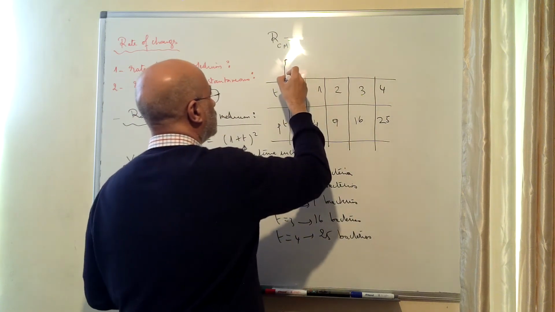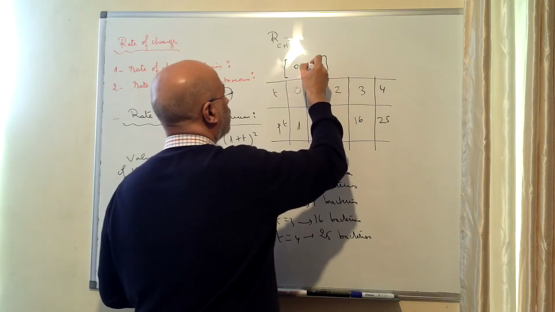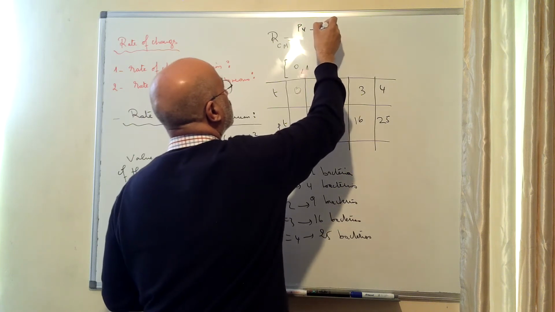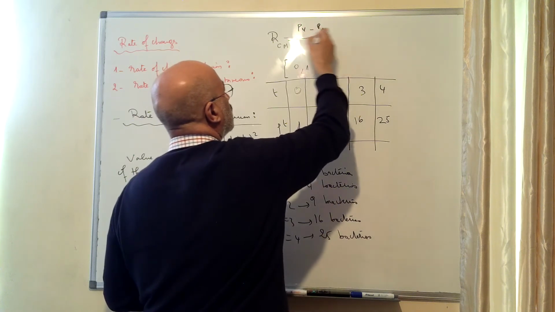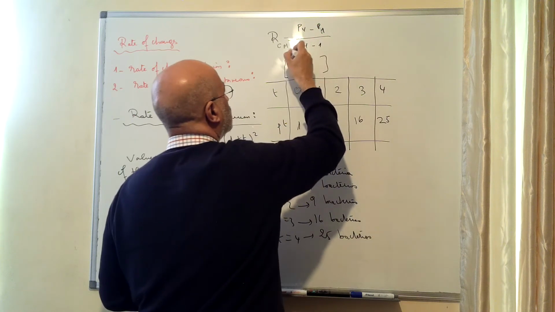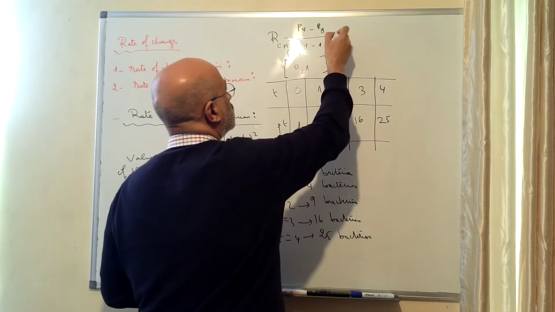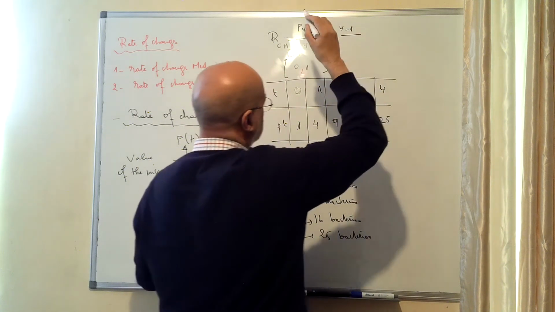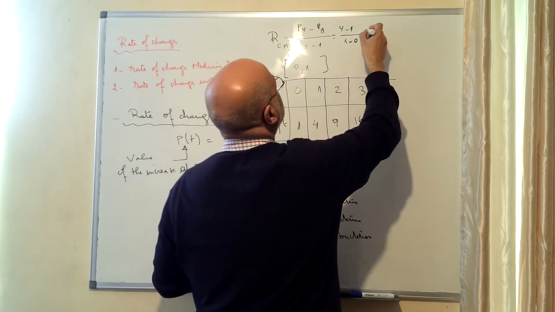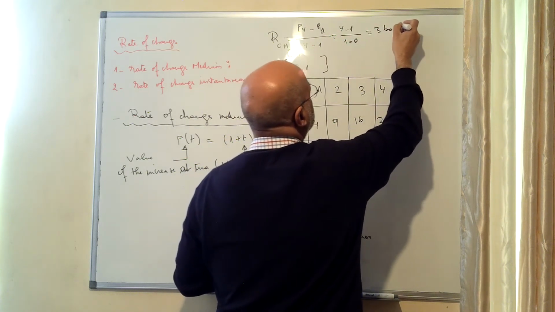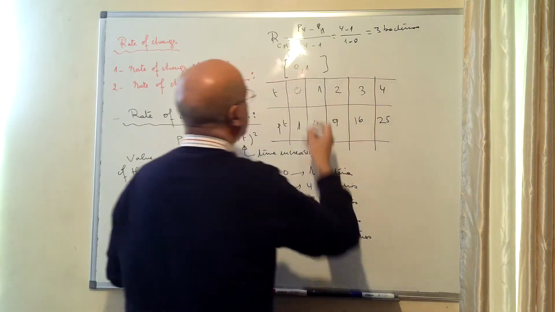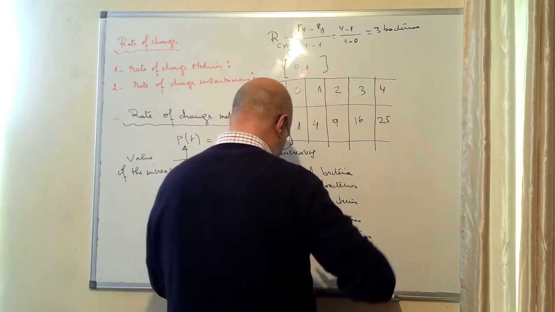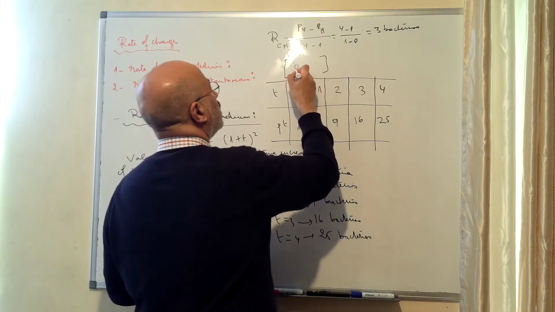For example, this interval, 0 to 1. The rate of change is (P1 minus P0) over (1 minus 0), which is 4 minus 1 over 1 minus 0. It's 3 bacteria.